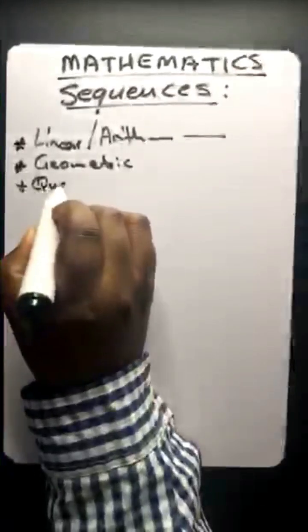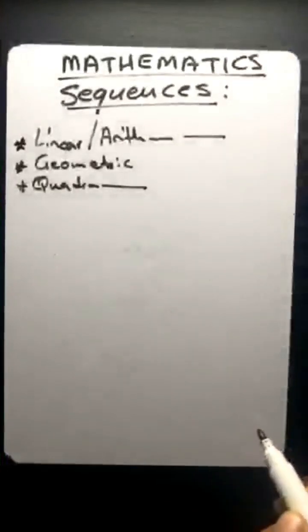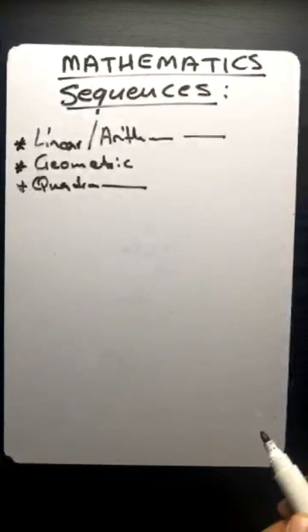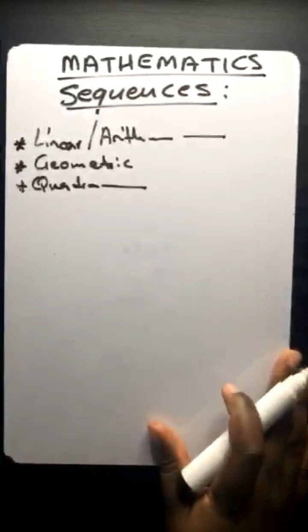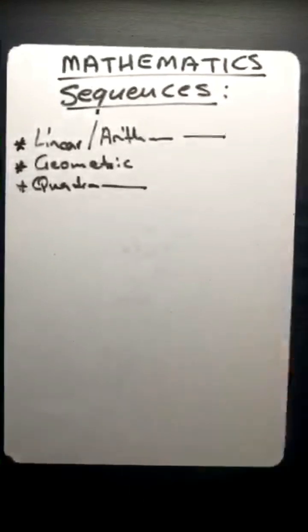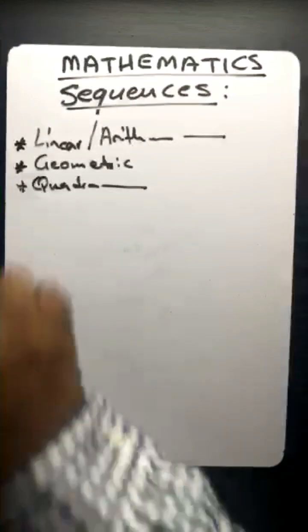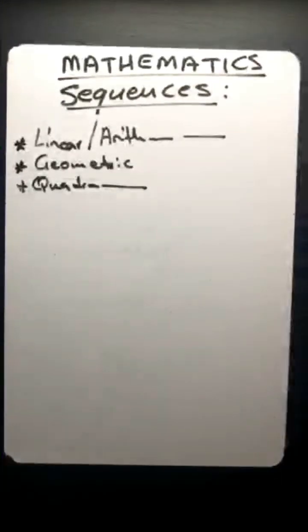Thirdly, that's where we talk about quadratic. Remember guys, I won't go deep into that because there is a special lesson that focuses on everything regarding that. But what I'm going to do now is just remind you of the formulas that we'll be using.